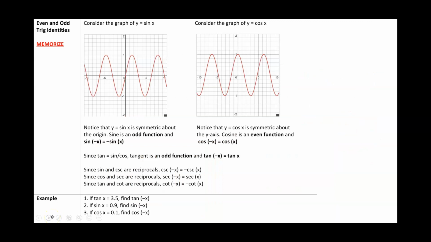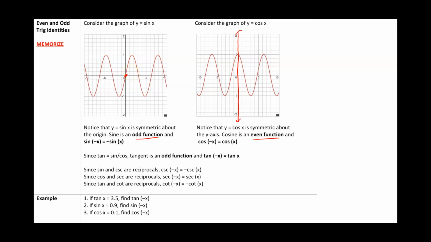Now in trigonometry, sine is an odd function, and cosine is an even function. Sine is symmetric with respect to the origin, and cosine is symmetric with respect to the y-axis. Notice that on both sides of the y-axis we have symmetry, and here for sine, both sides of the origin, we have symmetry.